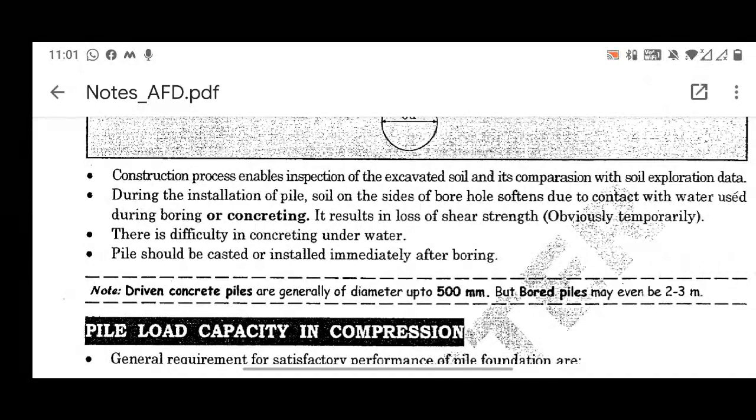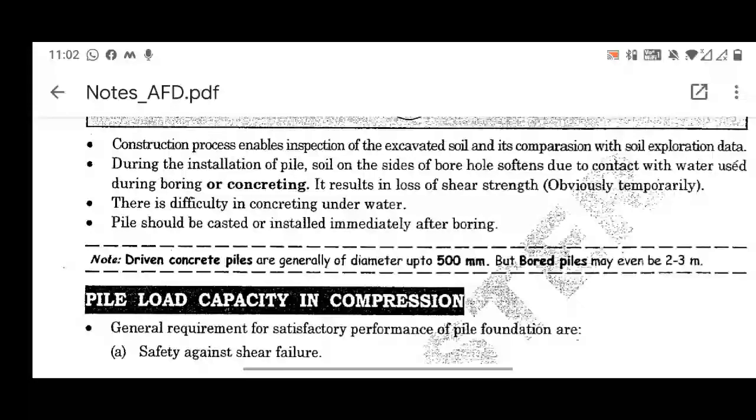So this results in the moistening of the side of the borehole, and the shear strength gets lost. So in order to rectify the shear strength, we are using the bentonite slurry for the side of the borehole. Pile should be cast or installed immediately after boring. Right. So once the entire soil mass is removed from the bore, immediately after this, you have to install the pile or construct the pile.